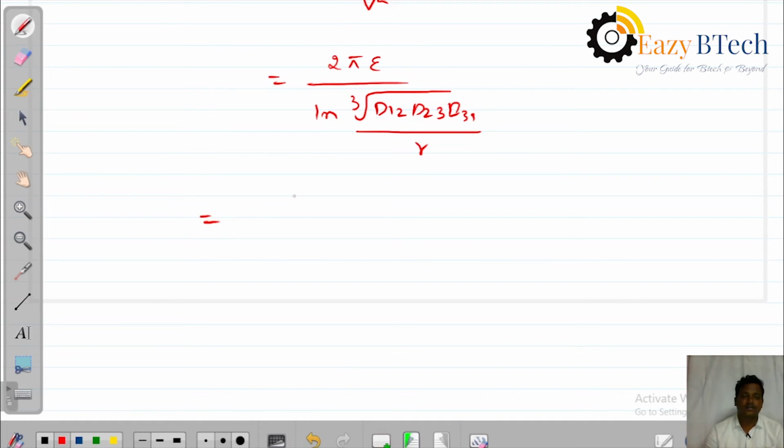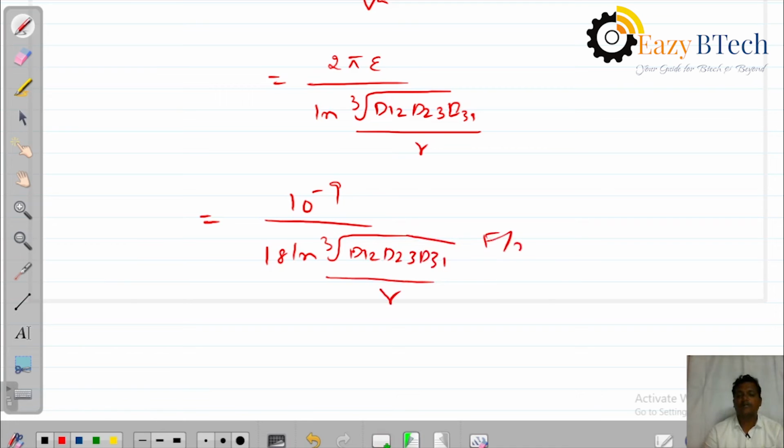You can get 10 power minus 9 divided by 18 ln third root of (D12 D23 D31) divided by R farad per meter. C phase.